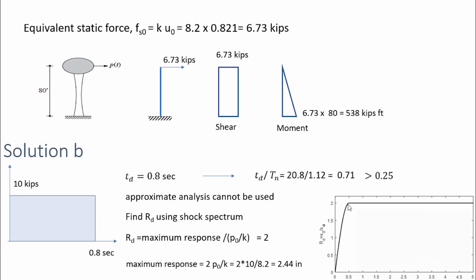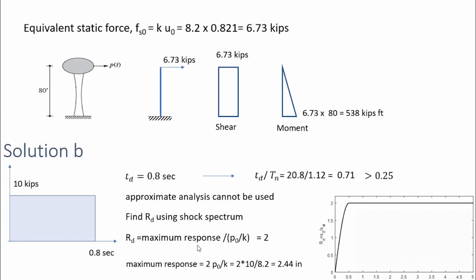We can see here that if this Td by Tn value is higher than 0.5, then this RD, that is the deformation response factor, is equal to 2. That means the maximum dynamic response is twice that of the static response, and the static response is P0 by K. So the maximum response divided by P0 by K is equal to 2.